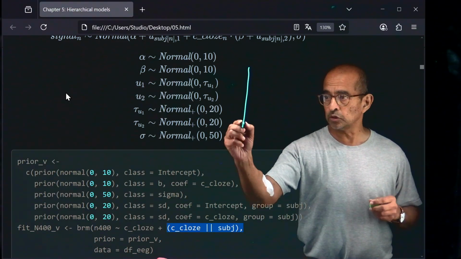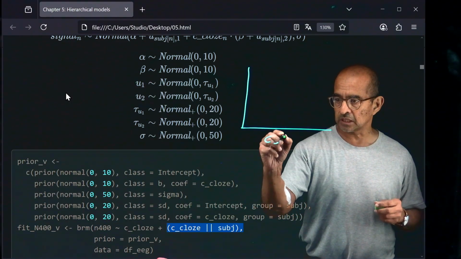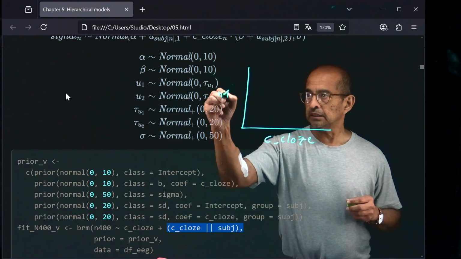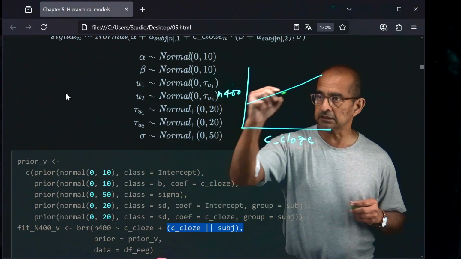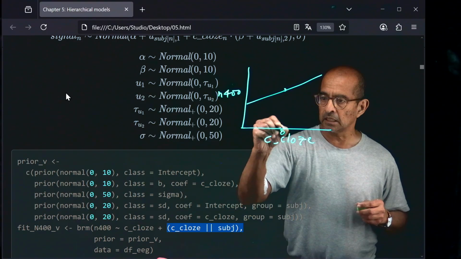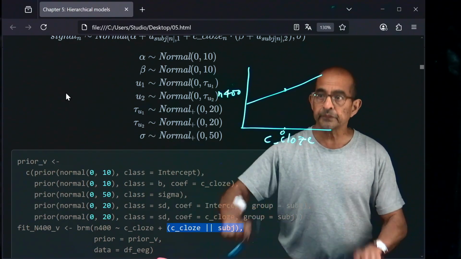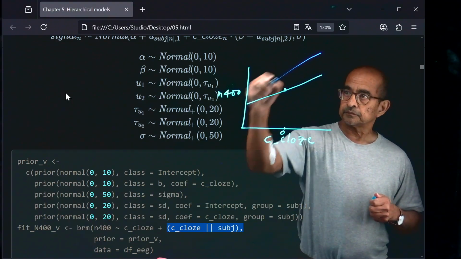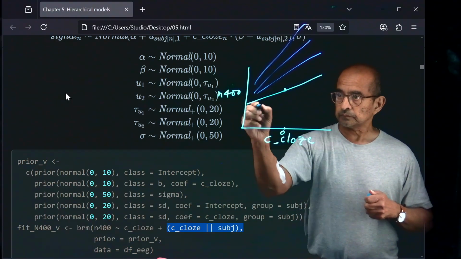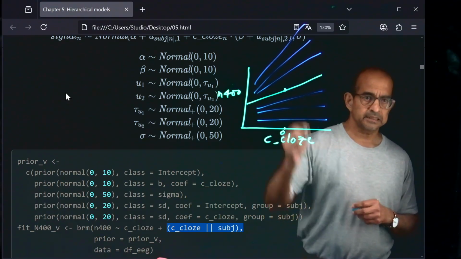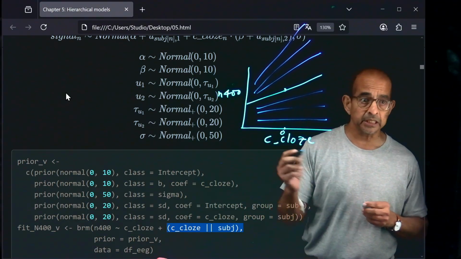So just to remind you once again, at the risk of sounding really repetitive, I've got a grand mean, intercept, and slope, and I've got adjustments around this intercept and slope. And so for every subject, I've got separate intercepts and slope adjustments. That's what the U1, U2 are doing.